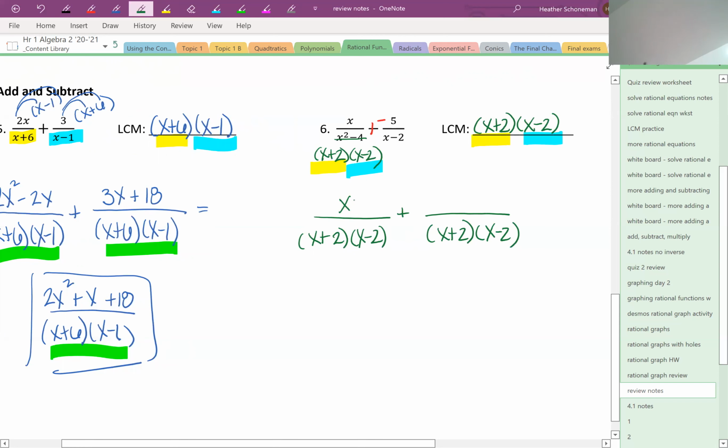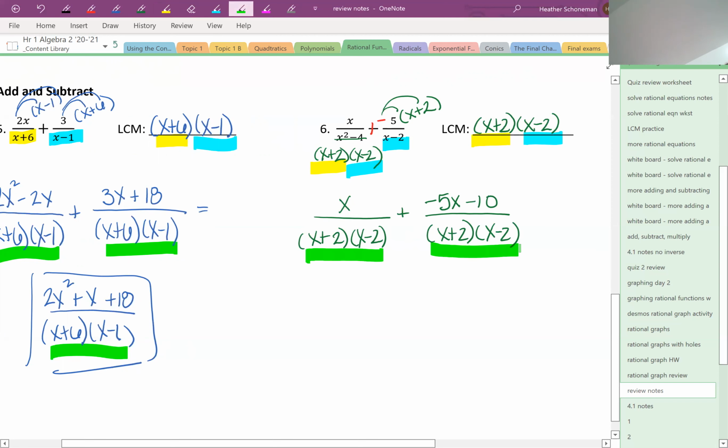The second fraction has the x plus, excuse me, no, it doesn't. It has the x minus 2, but what it's missing is the yellow one, the x plus 2. So I'm going to multiply it times x plus 2. When I do that, though, remember I've changed it already to a negative 5. So it's a negative 5 that I'm distributing. So I get negative 5x minus 10.